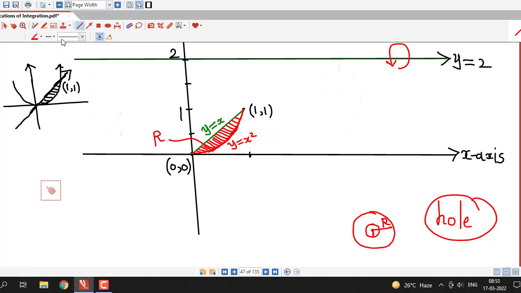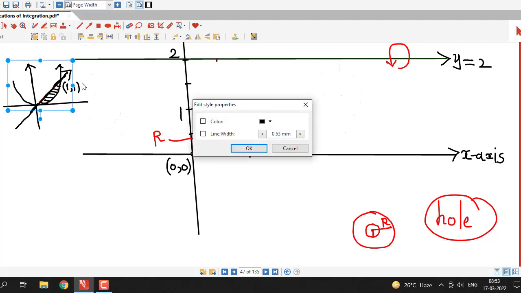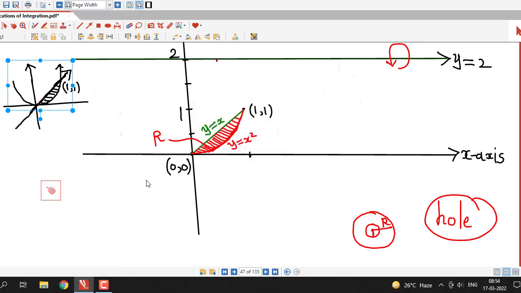The outer radius can be obtained by considering the distance between the axis of rotation and the curve which is farthest from the line y equal to 2. Here we have two curves, y equal to x and y equal to x square. We can see the distance of y equal to x square from y equal to 2 is more than the distance between y equal to 2 and y equal to x.